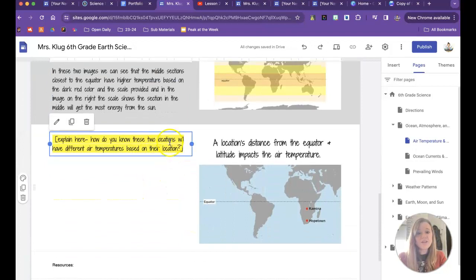So I would describe this last place. I would describe how I know that these two locations will have different temperatures.